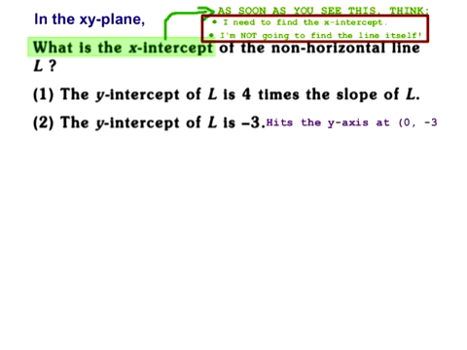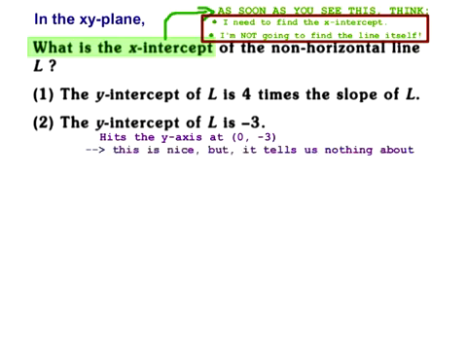But that's nice, but that doesn't tell you where it's going to hit the x-axis, where the line is the x-axis. So this is not sufficient.